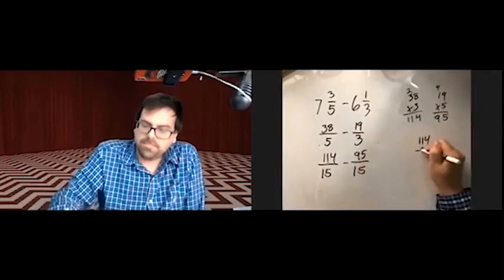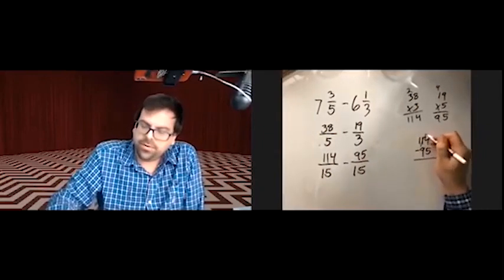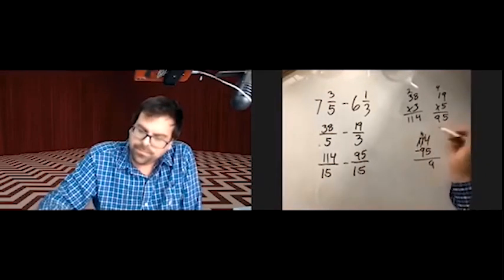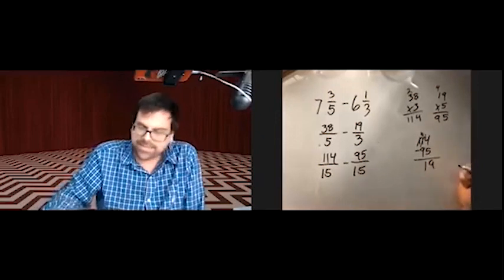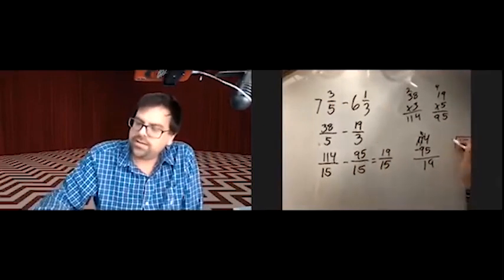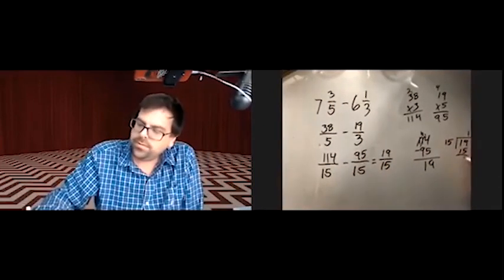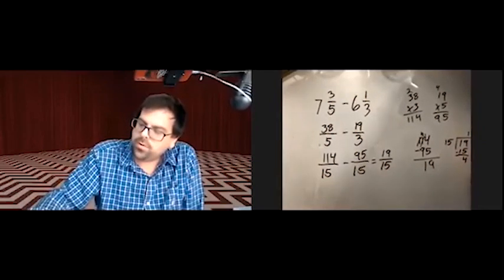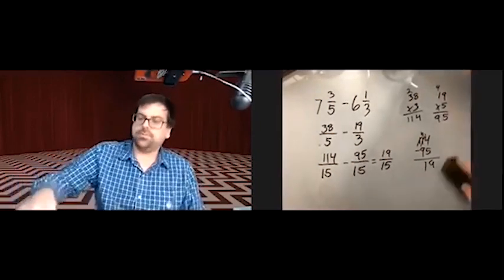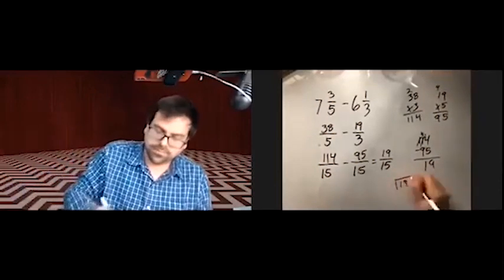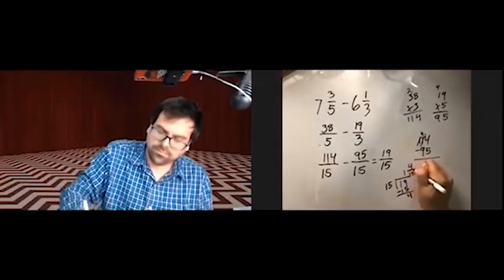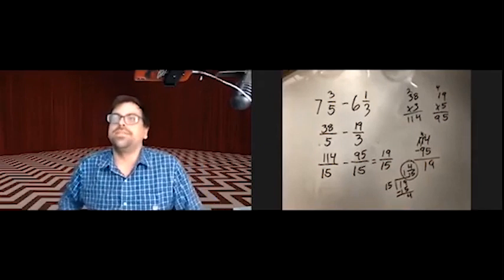And then 114 minus 95 is 19. So 19/15. And when we divide, there's our 1 4/15 again.